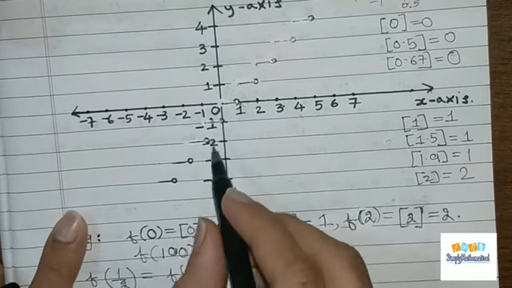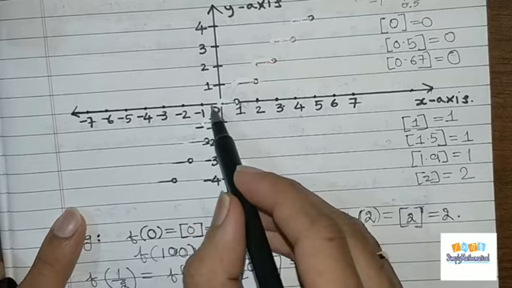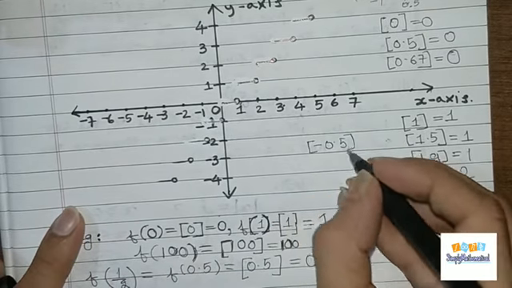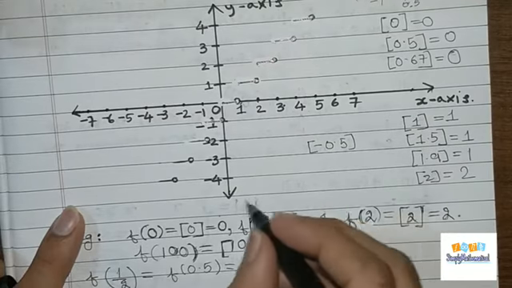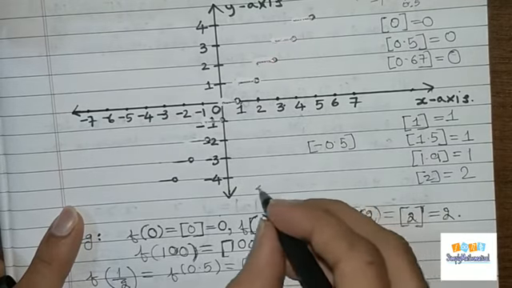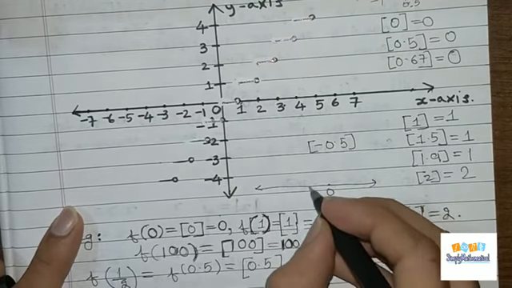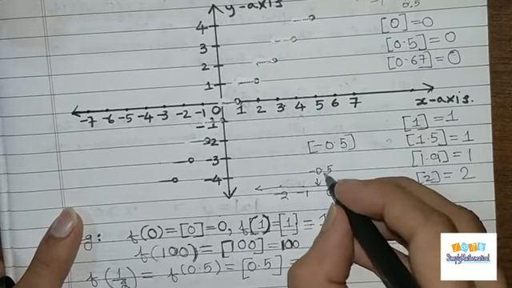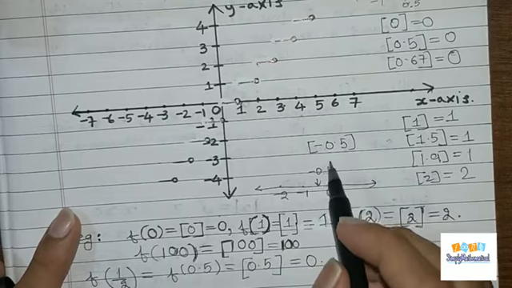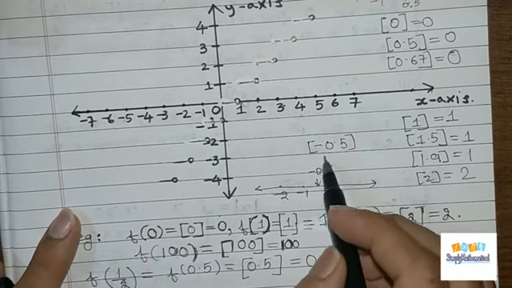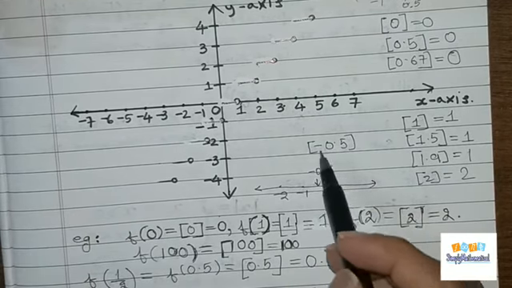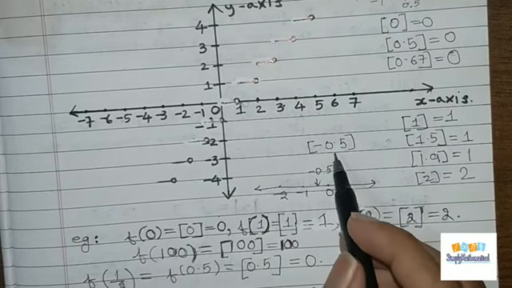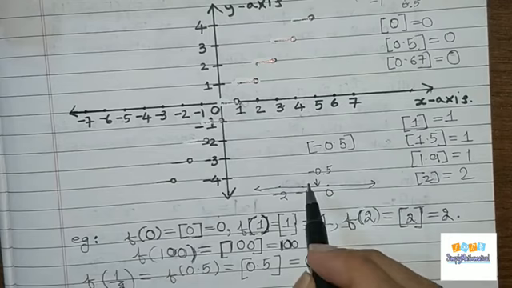Now we will go to the negative numbers here. So if you take, say, minus 0.5, now if you look at the number line, minus 0.5 is here. That is the greatest integer which is less than or equal to minus 0.5.